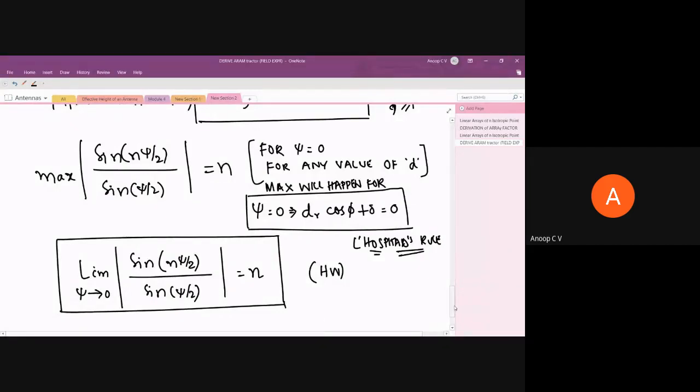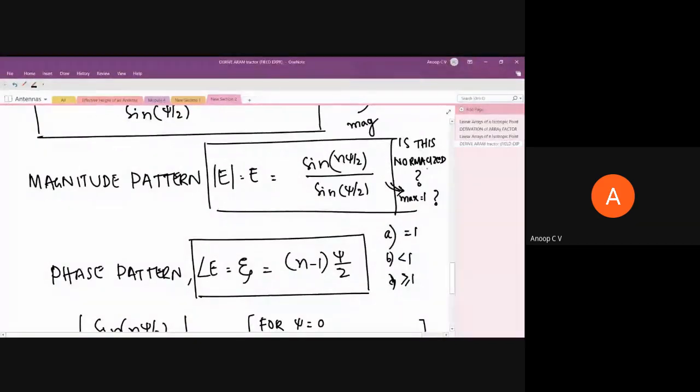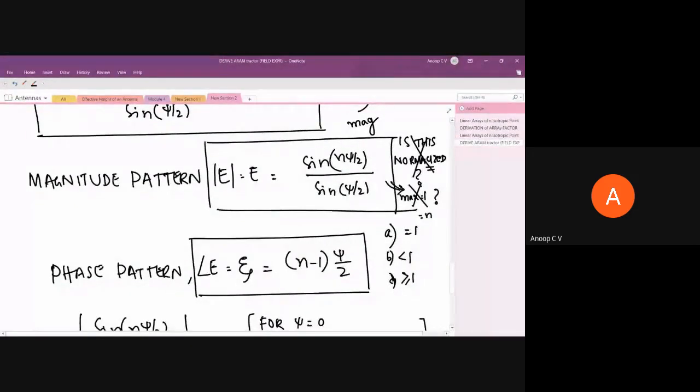So my question was, whether this magnitude pattern is normalized. It is not normalized. Its maximum is not equal to 1, but it is equal to n. So what will be the normalized pattern, or array factor?